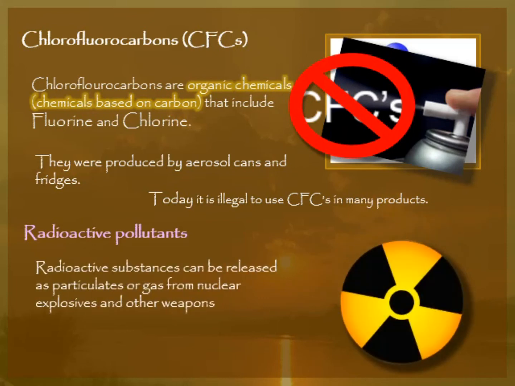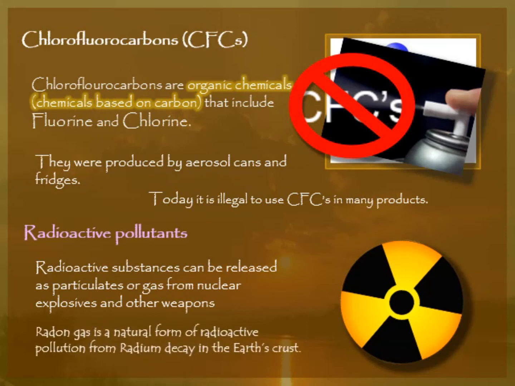Radioactive pollutants are one of the most harmful. Radioactive substances can be released into the air as particulates and gases. Not only can these be immediately harmful in all the ways we've seen, but they can also lead to radioactivity getting into the body, and as you may know, that is even more disastrous as it can blast apart your cells and cause massive damage and mutation.